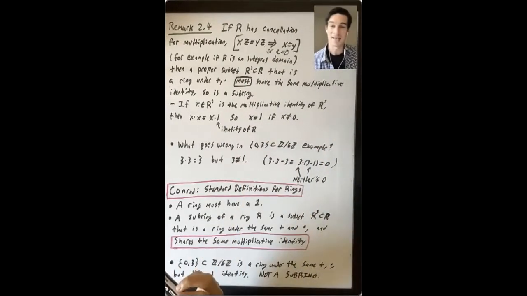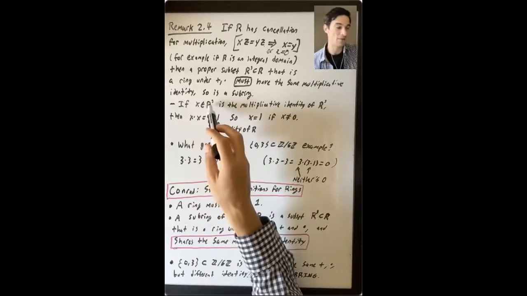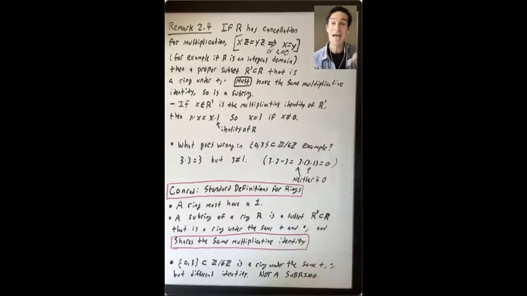If you have this cancellation property, then if you have a subring that has a multiplicative identity, it must be the same multiplicative identity. So what goes wrong when we look at this example here of the subset {0, 3} inside Z mod 6Z? Well, this is a subring.